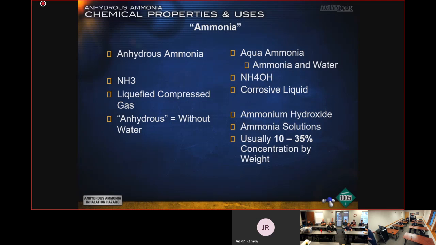Also called ammonium hydroxide, and ammonia solution. We usually see that at 10 to 35% concentration by weight. We pretty much just see it straight, as a compressed tank of liquid anhydrous ammonia. And when we generally have to deal with it, it's going to be in what state? Yes, usually a gaseous state, in a release for any number of reasons.